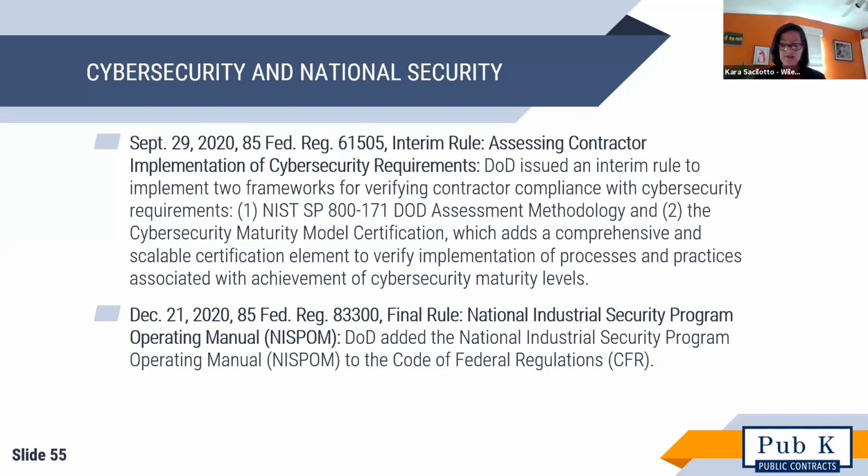This adds a comprehensive certification framework to verify the implementation of both processes and practices that are associated with achieving a particular level of cybersecurity maturity. As discussed by the cybersecurity panel, the CMMC certification process is managed by a CMMC accreditation body. There are 5 levels of CMMC certification, with level 3 roughly aligned with the NIST standard.